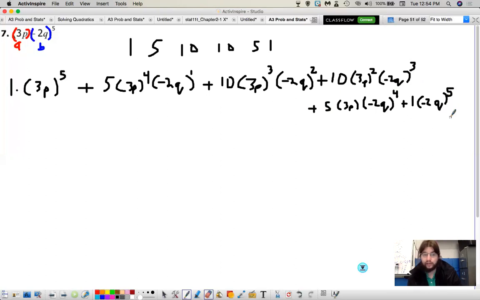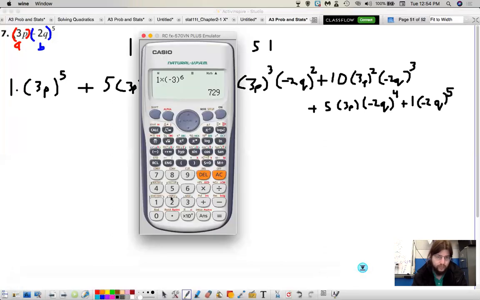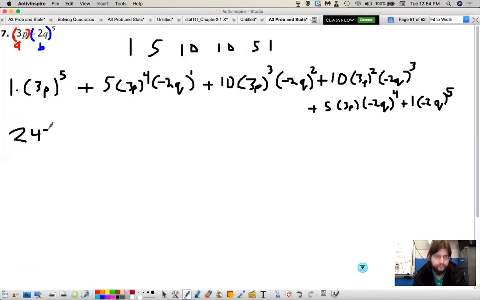So let's put this in the calculator now. So this is 1 times 3 to the 5th. That was easy, 243 p to the 5th. So this exponent's going to go on there. That's nothing tricky. Let's look at the next.